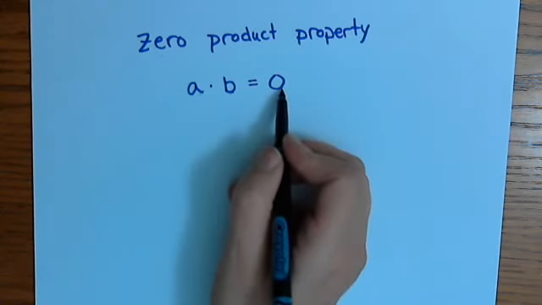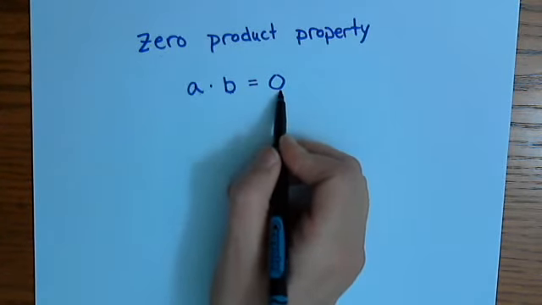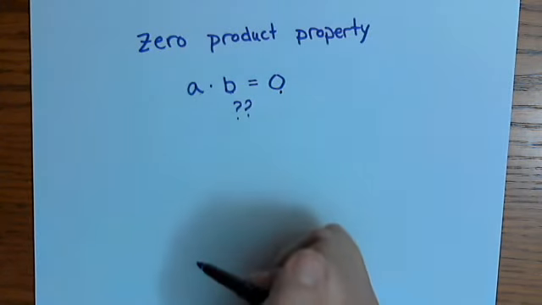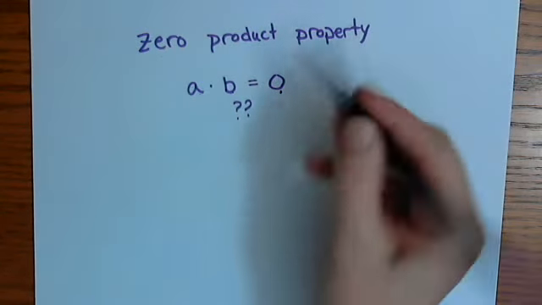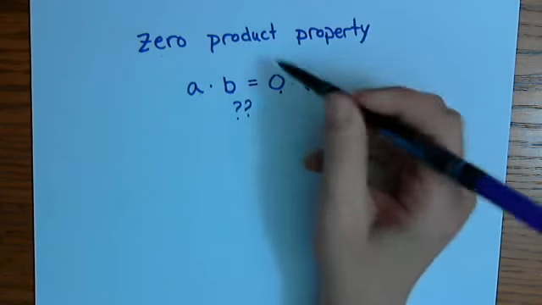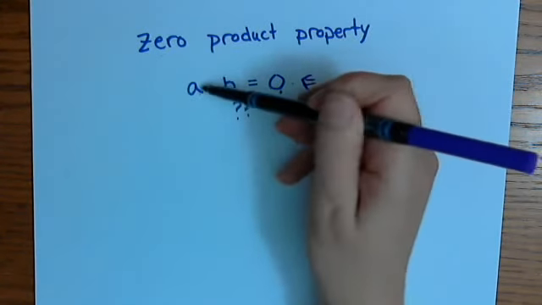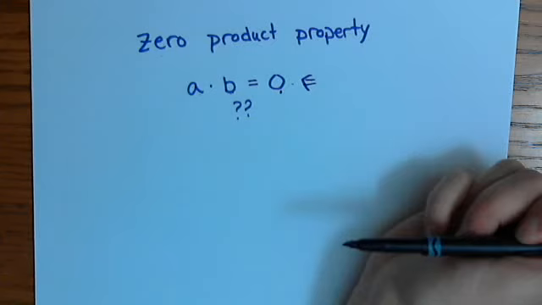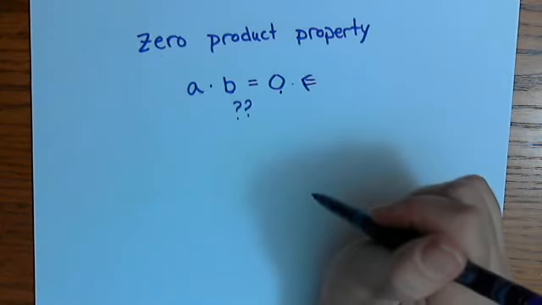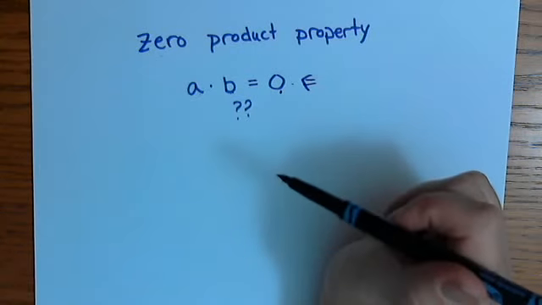Is there any other way I can get 0 as an answer when I am multiplying? No, not that I can think of. The only way I can get 0 to be the answer is if one of the numbers that I'm multiplying is already 0, or both of them. Maybe both of them are 0. Let's think about why this is important for a minute.